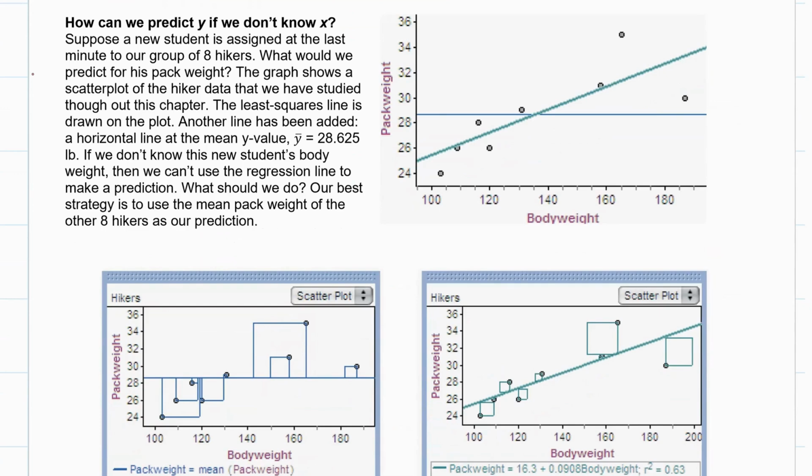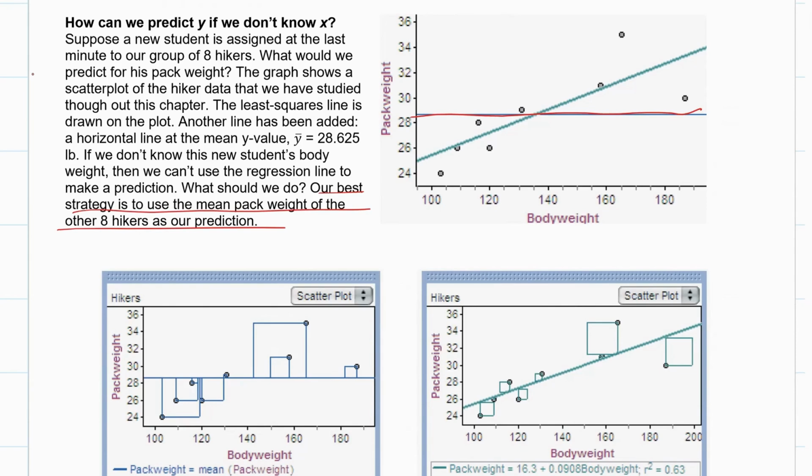But if we don't know their body weight, what's the most reasonable thing to do? And the answer is to use the average backpack weight. It's based on information that we have. We have the average, but we don't know the variability. So average backpack weight would probably be our best guess. So our best strategy is to use mean backpack weight to make our prediction if we don't have a body weight.